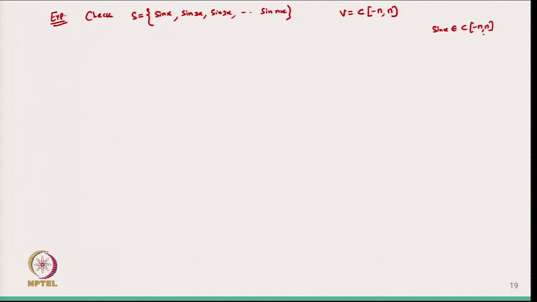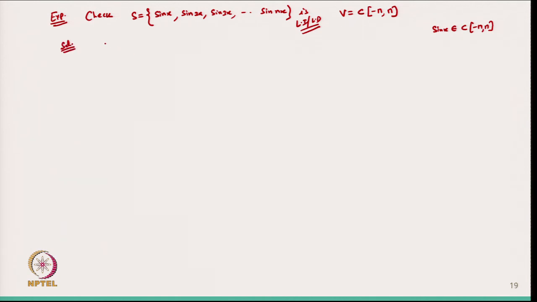All these vectors belong to this space. Now, I want to check whether this set is LI or LD. Okay. Now, what is going to happen? This is my solution.